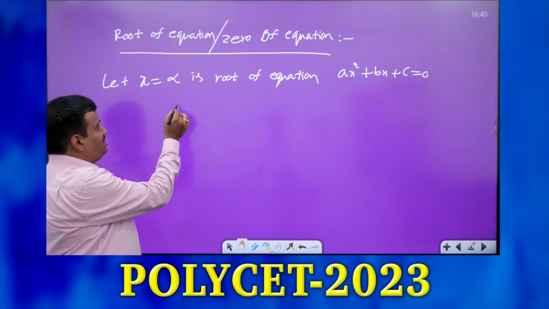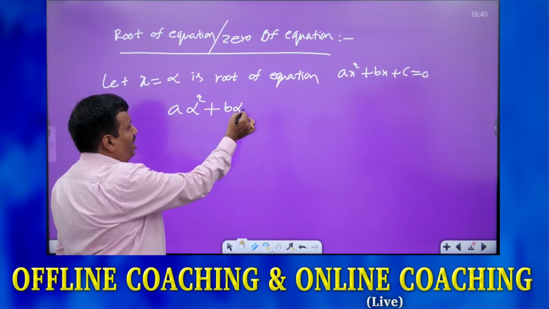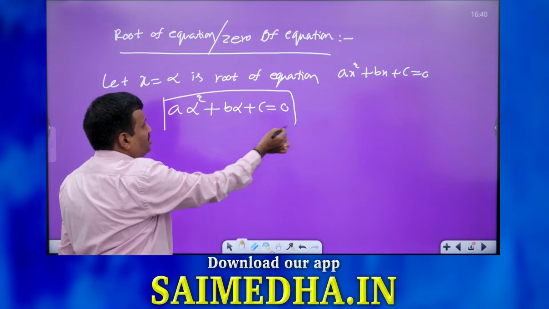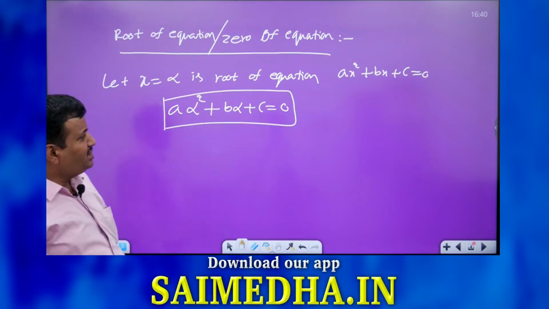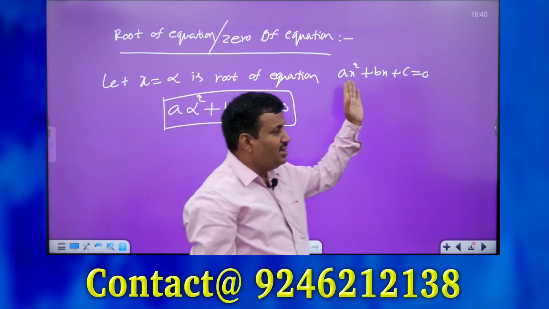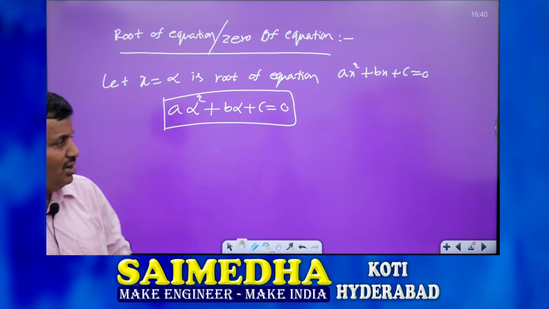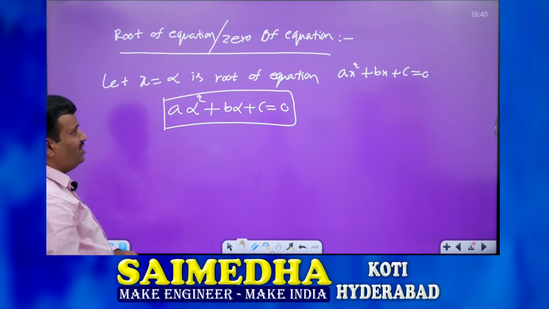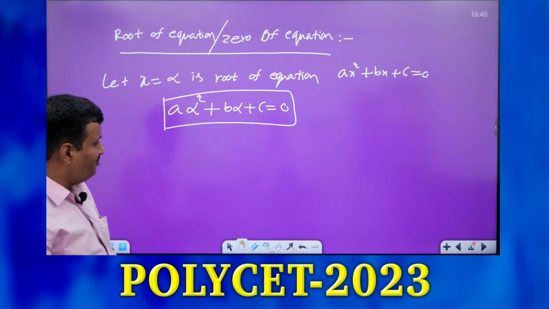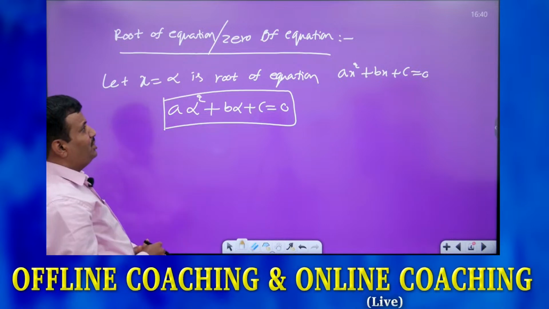That is, put alpha in place of x: a alpha square plus b alpha plus c is equal to 0. After substituting x equal to alpha, if we get the result 0, then that value of alpha is called the root of the equation. Another name for root of the equation is the zero of the equation. That's very important.